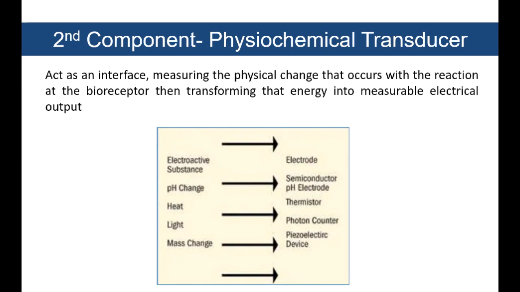In this block we can clearly see electroactive substrate, pH change, heat, light, mass change.